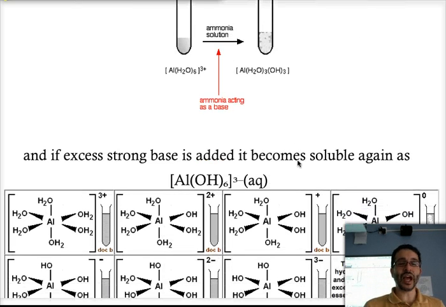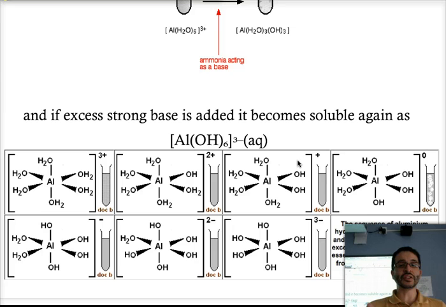But if you continue to add more and more ammonia and continue to deprotonate, it's only a solid when the overall charge is 0. It then redissolves when the charge becomes negative, and you have the hexahydroxyaluminate ion, because now we have a negative charge. Do not worry about this. This is just a little bit more to show you that. So with that, we're going to stop here, and we're going to talk about buffers in the next video.